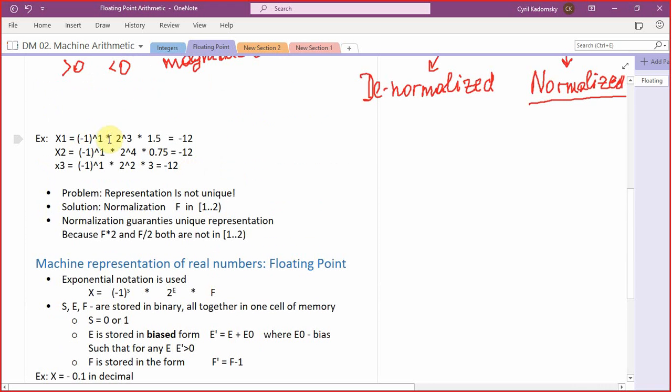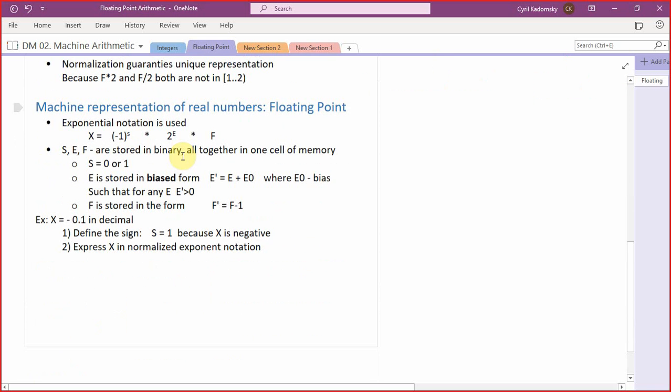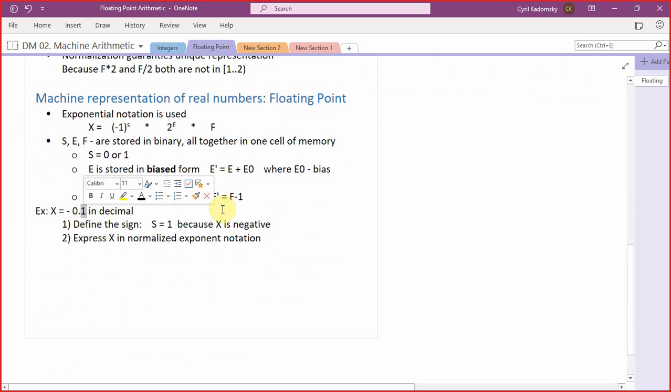We need to express it in such form. We need to find the power of 2 and a fraction that will give us, in this case, this number. For this, of course, we need to multiply this number by 2 until we get bigger than 1.